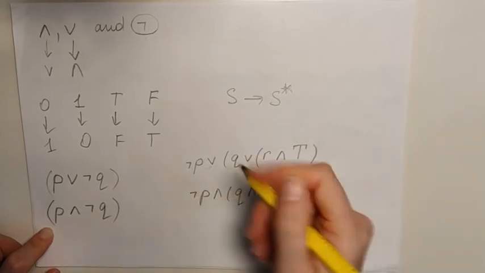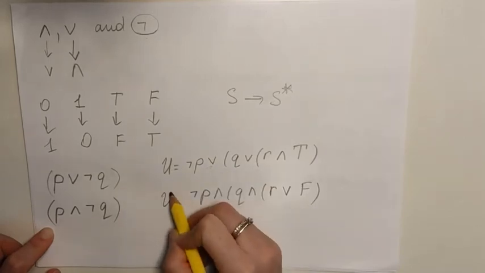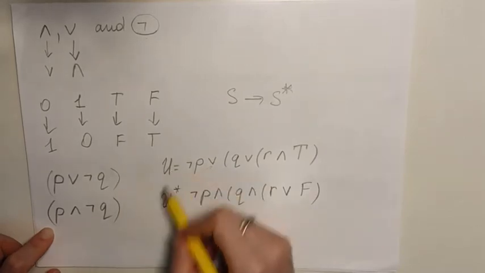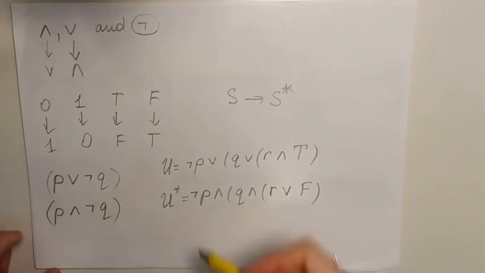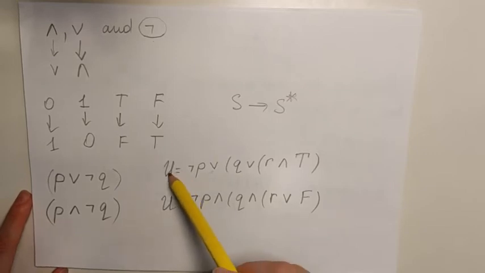If we denote it by U, for example, the dual of U is denoted by U star. So U star is the duality of U.